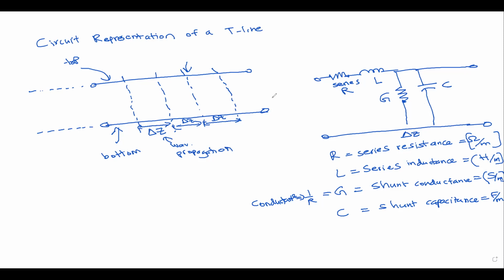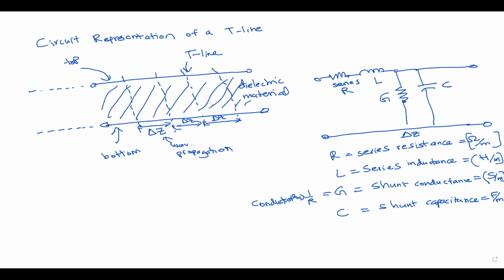As you know, there are two conductors, a top conductor and a bottom conductor, in this transmission line. There is also some dielectric material in between these two conductors. This space is filled with dielectric material.